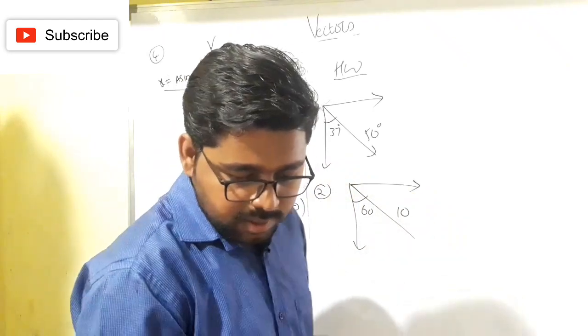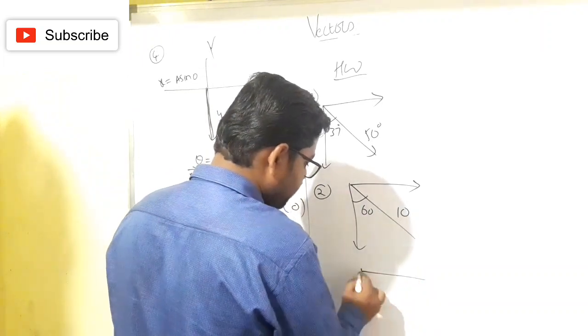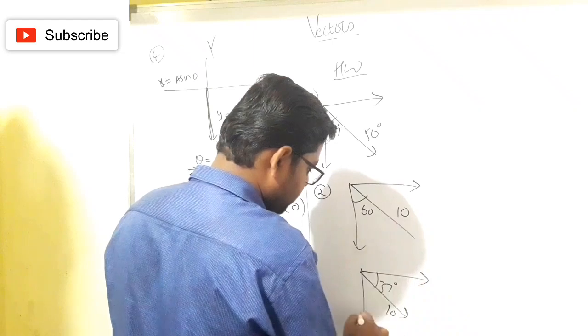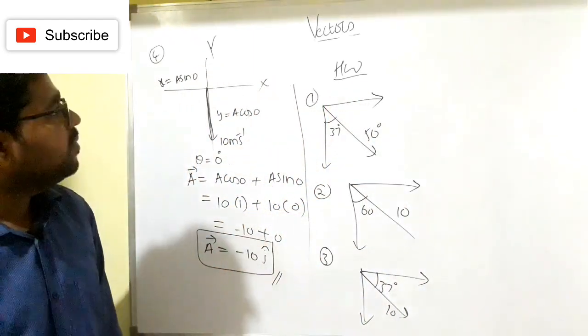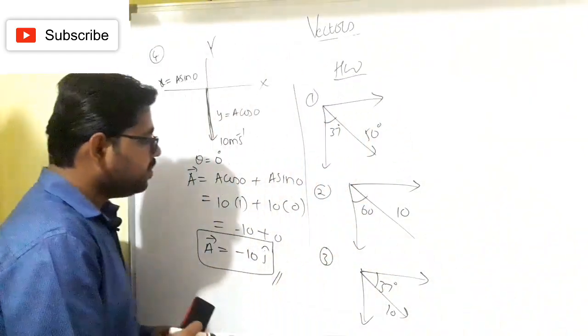Then 37 degrees, 10 units. These are some examples, so you just try it out and you will get the values. Okay. Next, moving to another concept.